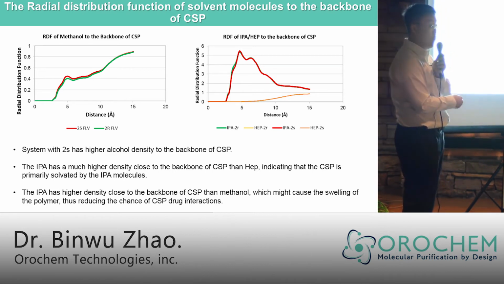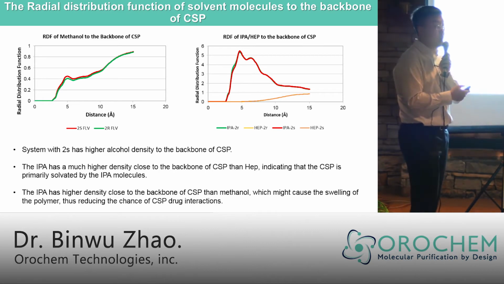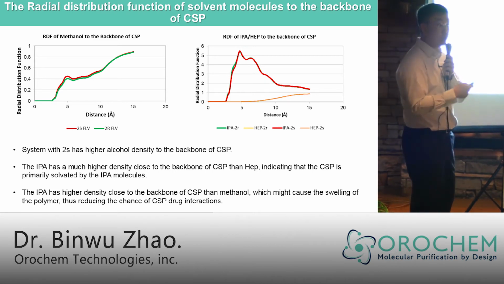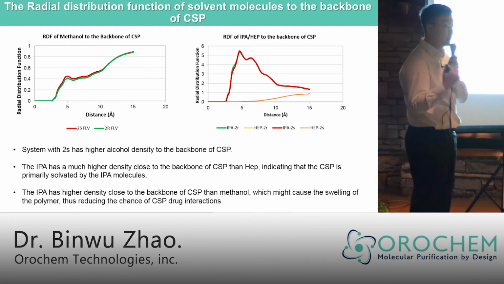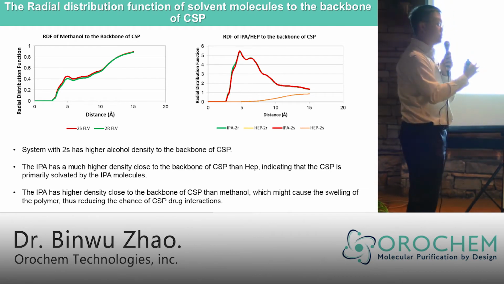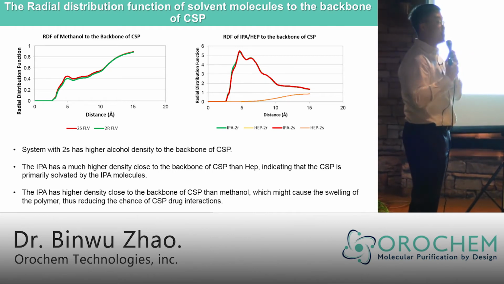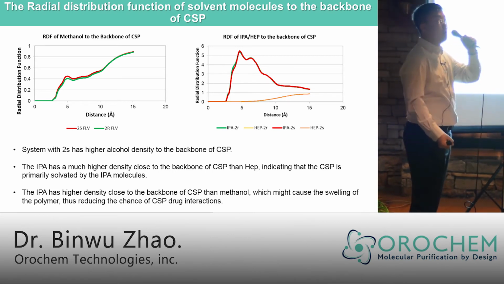So this explains why we have a more swelled polymer conformation when you have a 90/10 heptane IPA, because all those IPA molecules are being pressed against the CSP by the heptane, thus making the polymer more extended.